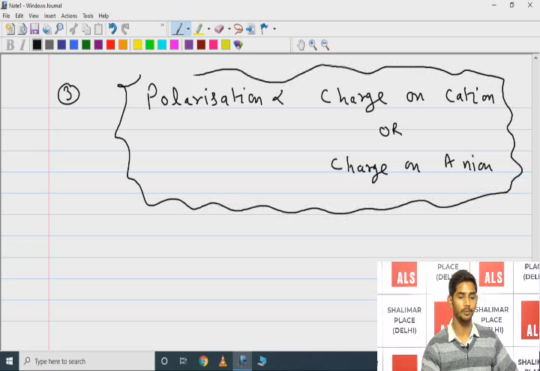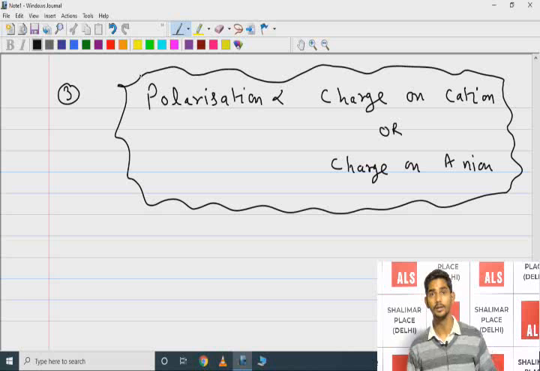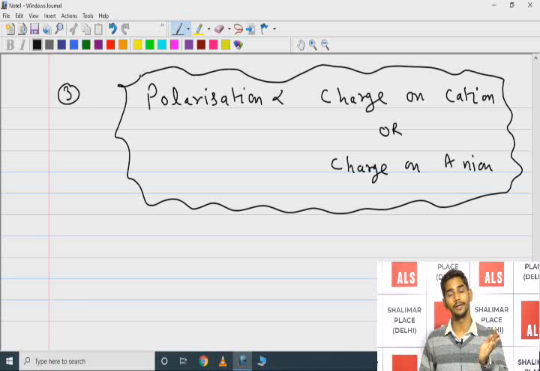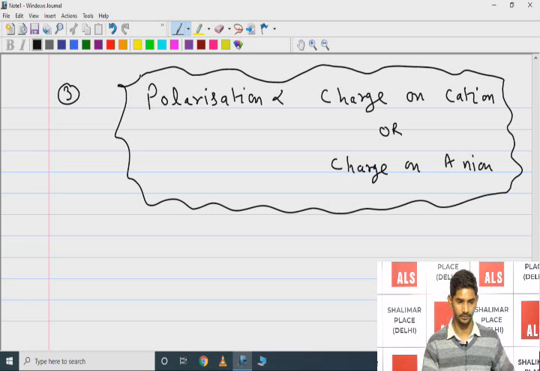Please do not compare cation with the anion. Comparison must be between charge on two cations, or charge on two anions. Don't compare the charge of cation with charge of anion. Okay, remember one thing.